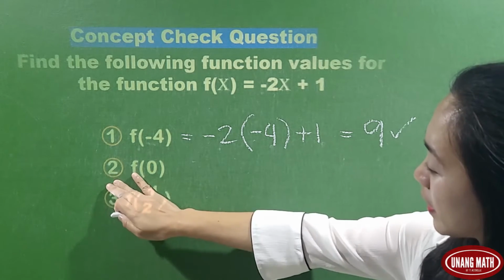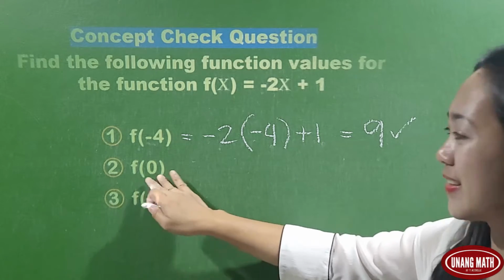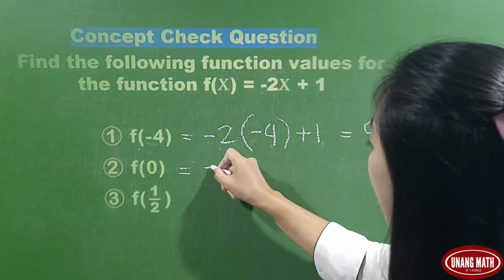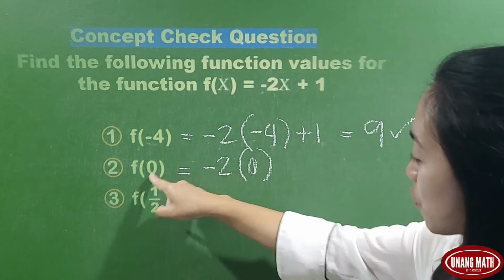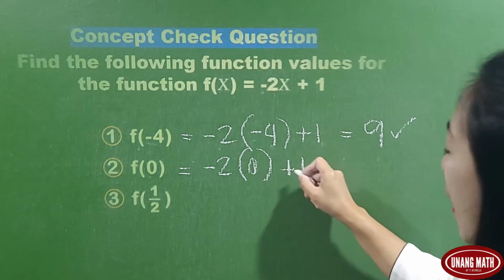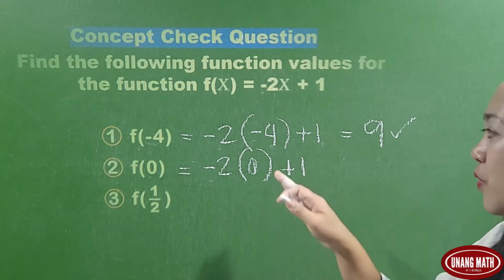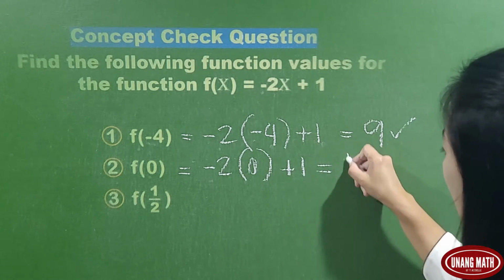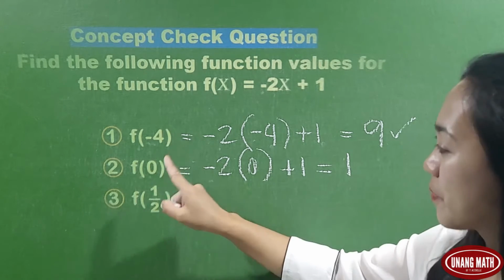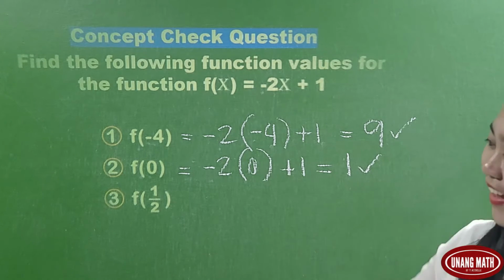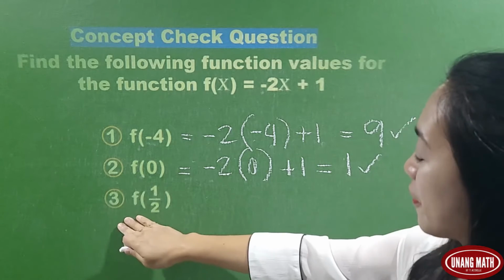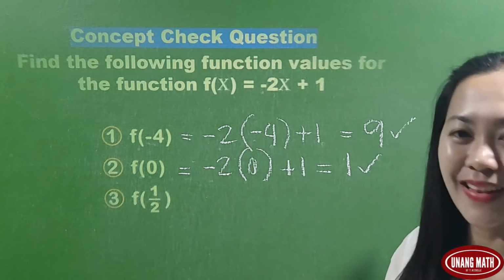Okay, number 2 is f of 0. So this is negative 2 times the value of x, which is 0, plus 1. So negative 2 times 0 is 0. 0 plus 1, then that's equal to 1. So f of 0 is equal to 1. Okay, number 3, f of 1 half.